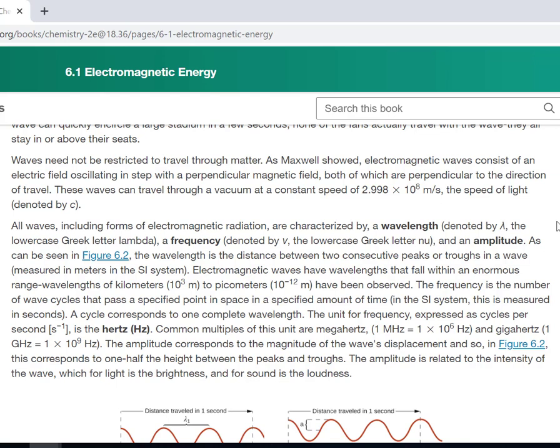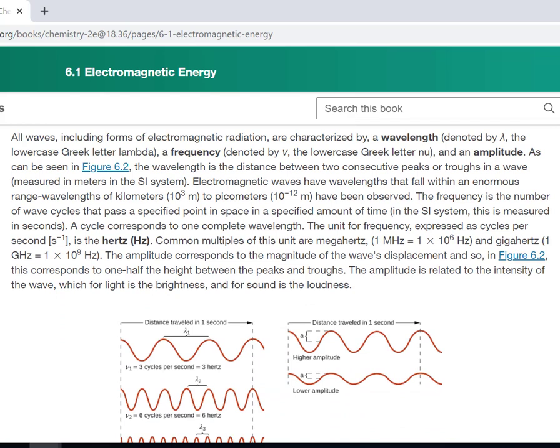So between the high point of a wave and the high point of another wave, or even between the low point of a wave and the low point of the next wave. So we're showing some examples of some wavelengths here. So lambda 1, lambda 2, lambda 3. You can see that they can be different from one to the next.